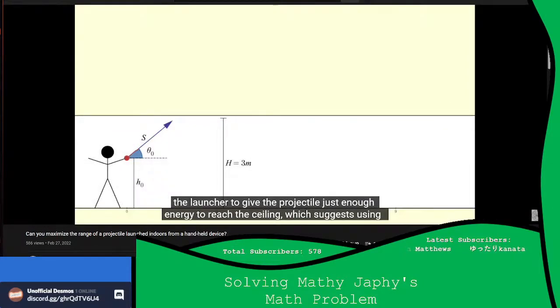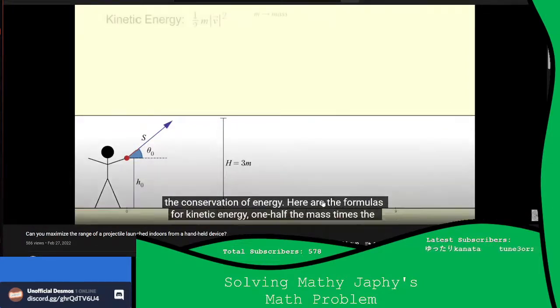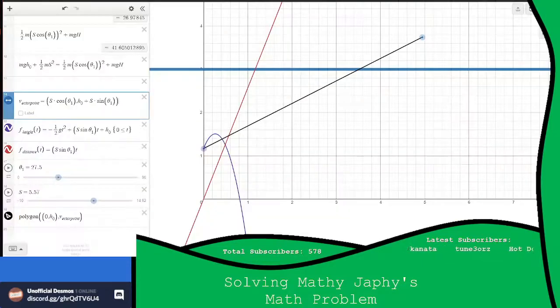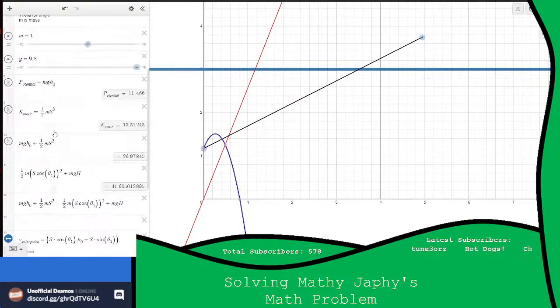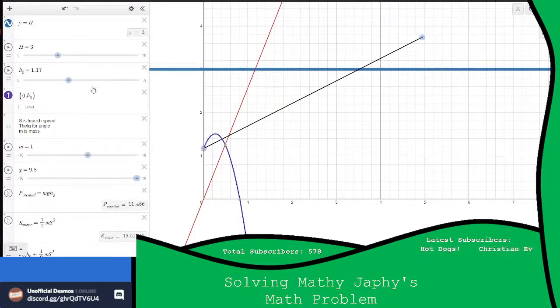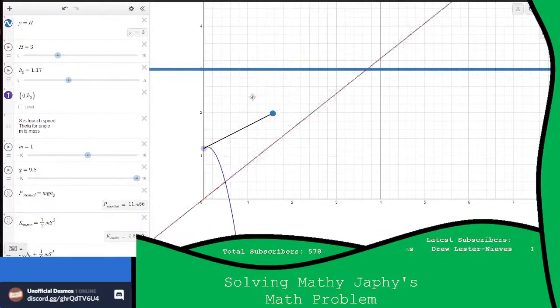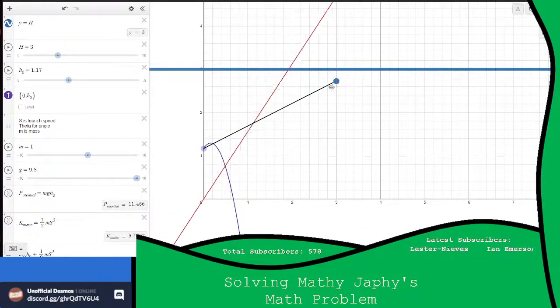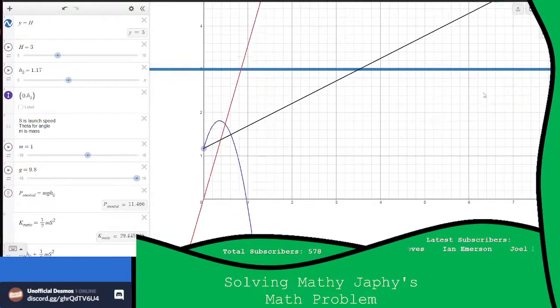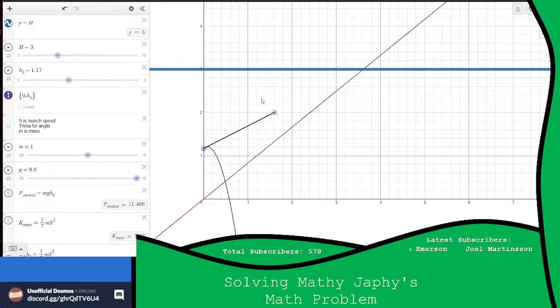Okay, so we need to... Oh, wait, that point. Wait, no, that should be right. This thing should... Wait a second. I'm increasing magnitude.